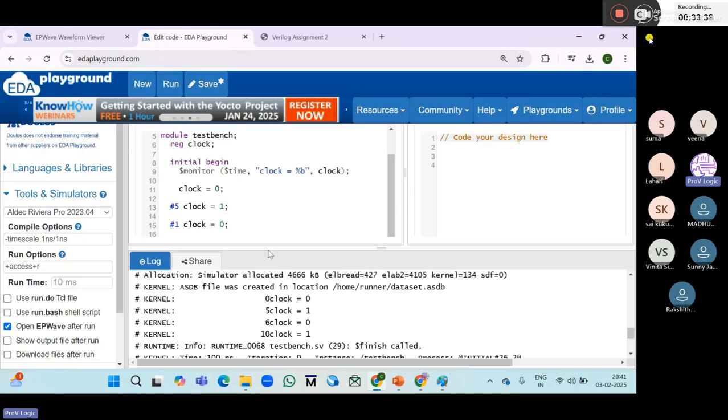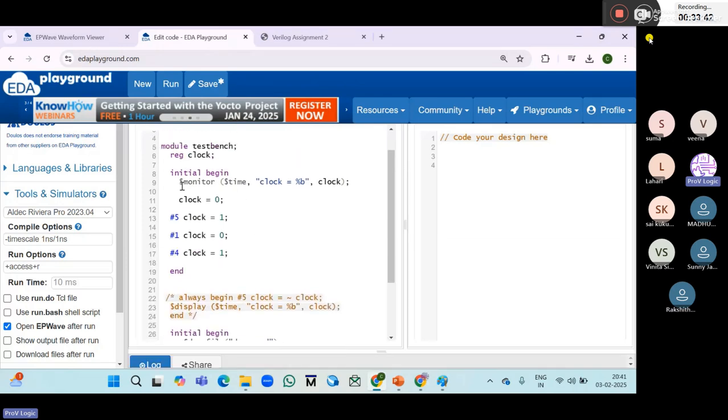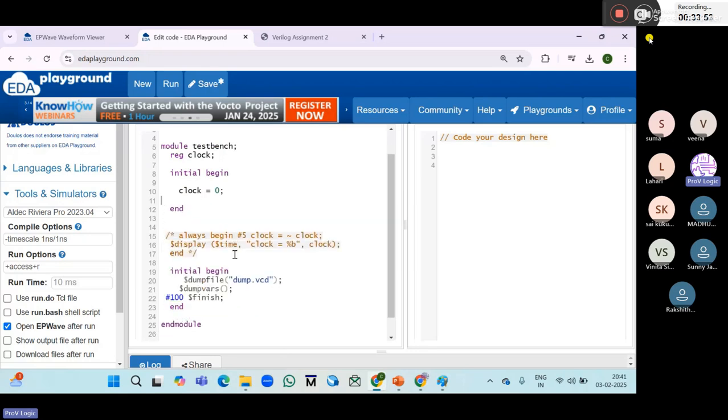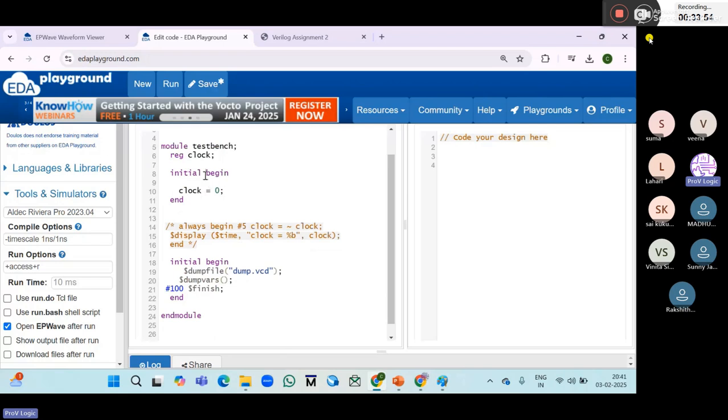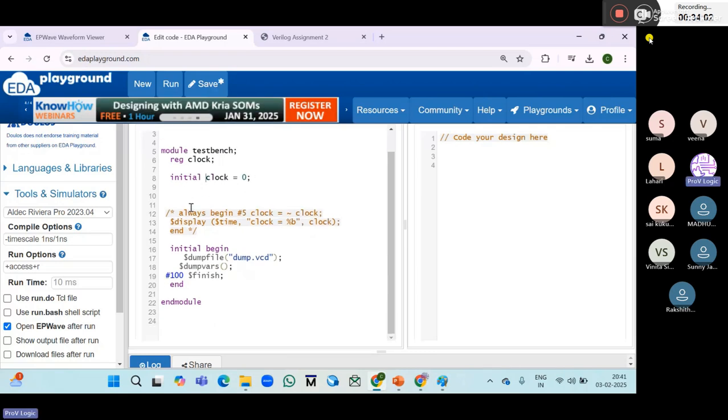So that is how we can generate the clock by using always block. Next, not only by using always block, there are a lot of ways to generate the clock. So here initially clock equal to 0. I have commented this, right?